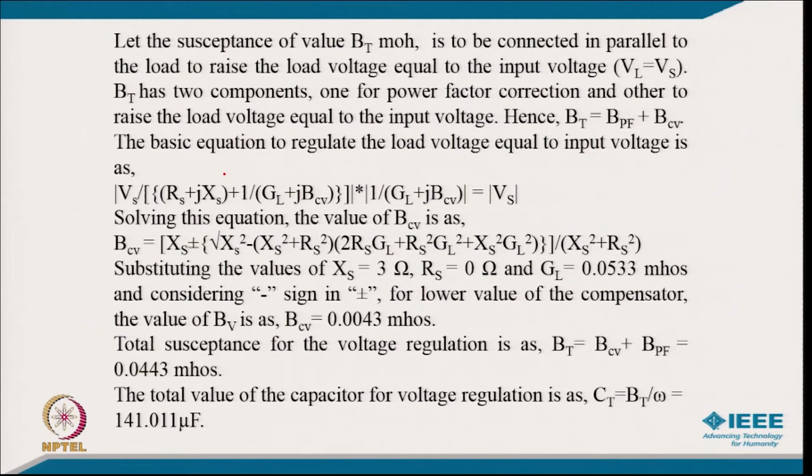The load voltage we have calculated from Vs, we got the load current, the total current of the circuit, multiplied by the load impedance. So, the magnitude of this should be equal to the source voltage, and solving this equation we got the BCV, that is the voltage compensator susceptance. It should be XS plus minus under root XS square minus XS square RS square in bracket 2XS GL plus RS square GL square and XS square GL square, divided by XS square RS square.